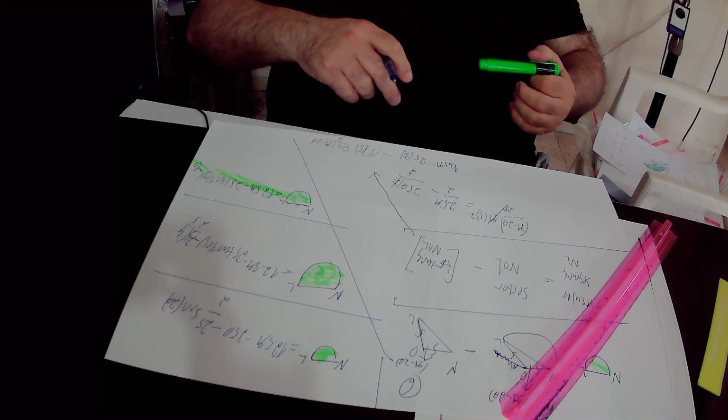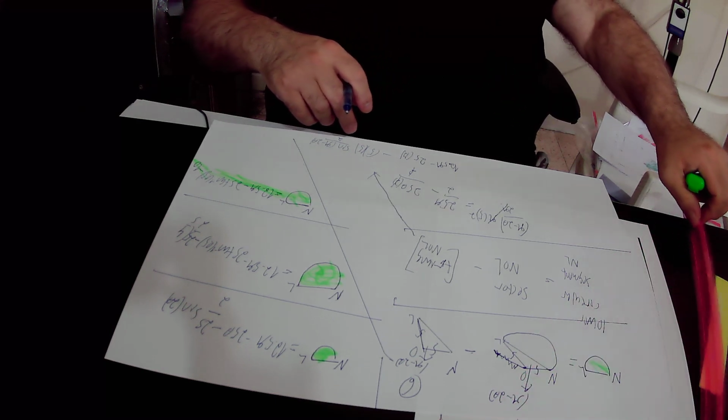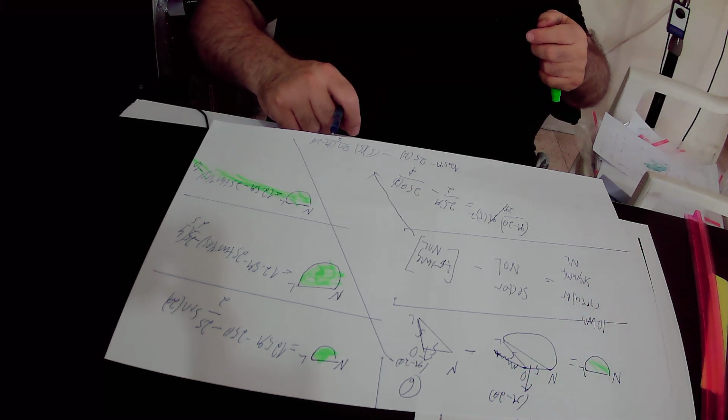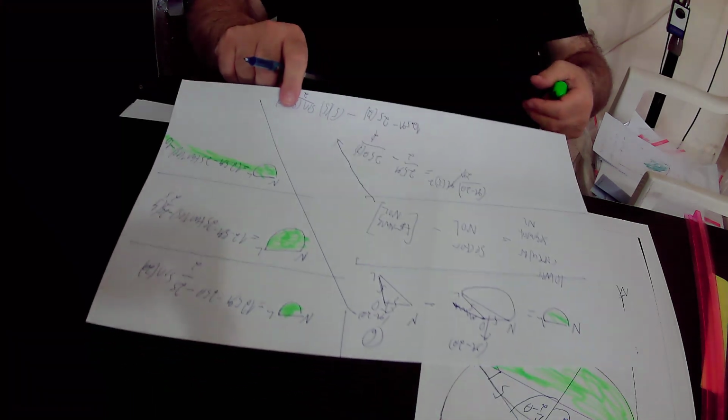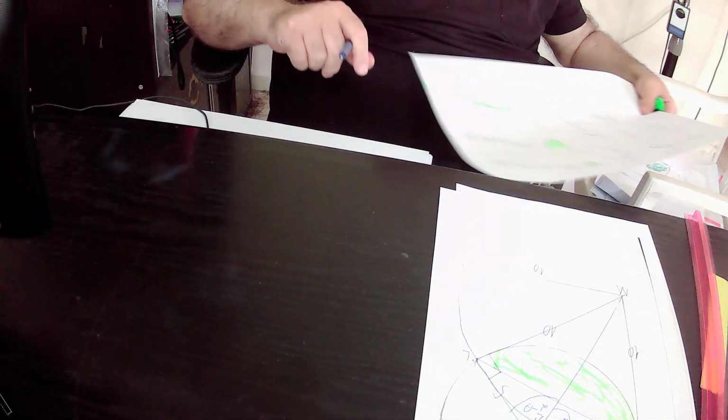Now we will add the upper circular segment of the big lens to the lower circular segment, and we will find out the area of the big lens.